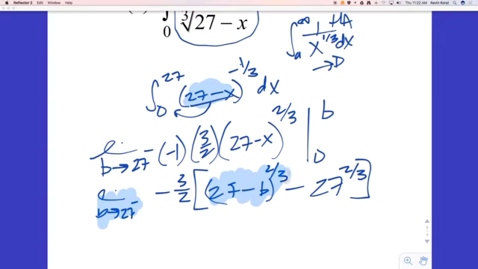Now notice the exponent is positive. That's kind of important. If it were negative, it would be 1 over, like we had in the previous problem. But this one's just to the 2/3, so never mind. 27 minus 27 is 0. 0 to the positive 2/3 power is 0. If it were 0 to the negative 2/3, it would be some type of infinity. But it's 0. So we end up with negative 3/2 times negative, so this is going to end up being positive 3/2 times 27 to the 2/3.